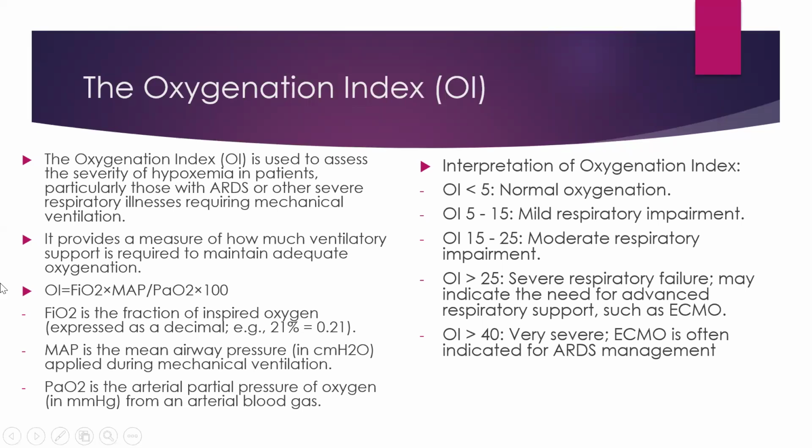So the oxygenation index is FiO2 multiplied by the mean airway pressure, divided by the PaO2, multiplied by 100. So the interpretation is this: if you have an oxygenation index less than 5, you have normal oxygenation for this patient. But any oxygenation index greater than 25 represents severe respiratory failure.